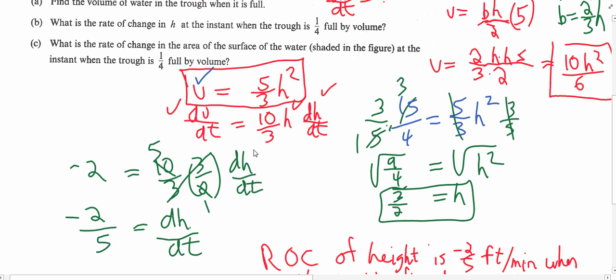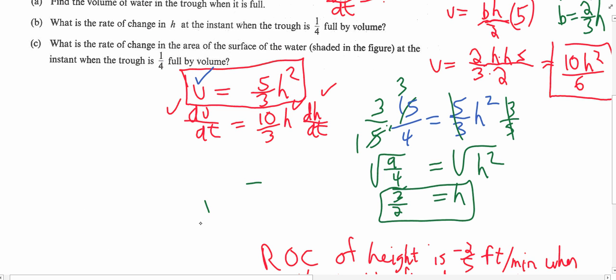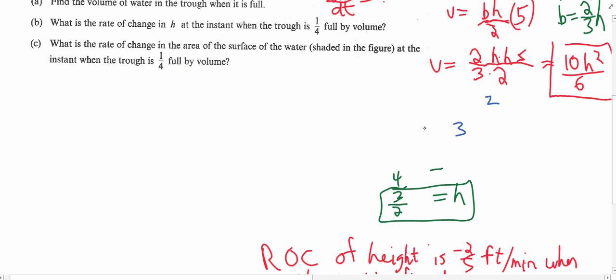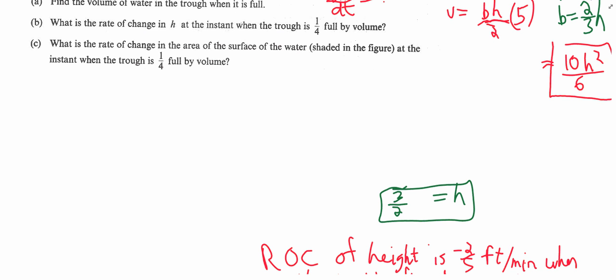So let me erase part of this so I can refer back to the figure if I need to. Alright, so let's write down a few things here. First of all, in part C, they do want us to find dA dt.